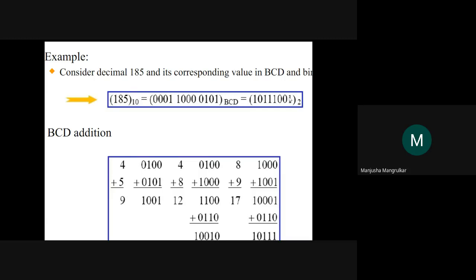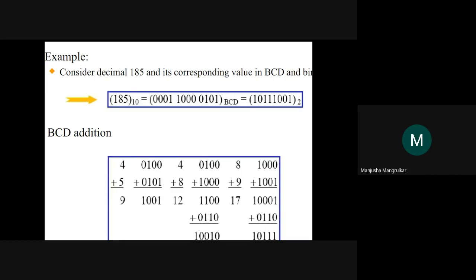We'll see the addition of BCD also. Suppose 4 plus 5. So 4 will be as it is, 5 will be as it is. Then 8 plus 4. 4 will be as it is, 12 will be as it is. If a carry is generated in this addition, or this addition is greater than 9, then add 6.